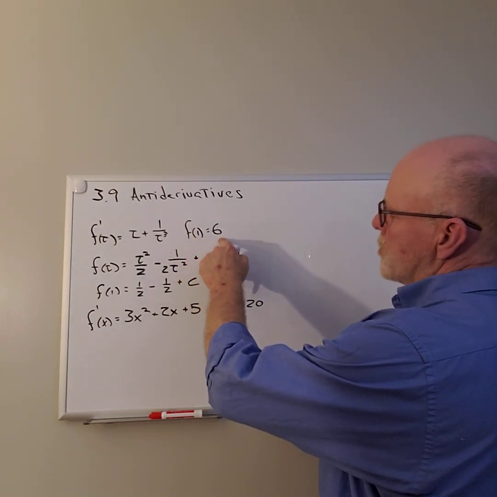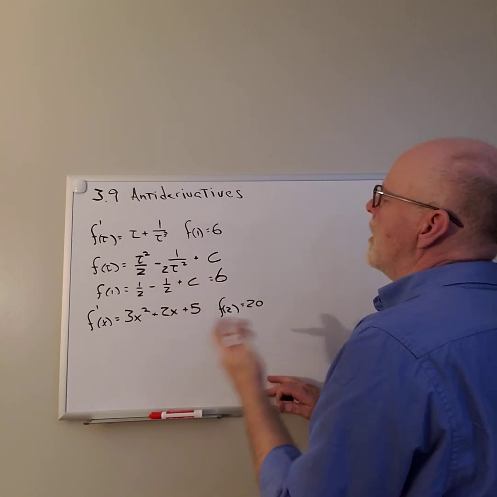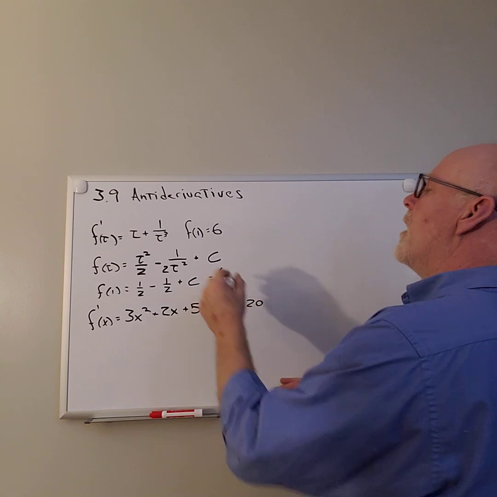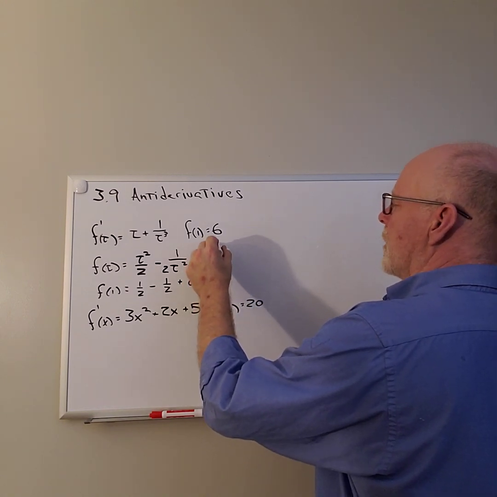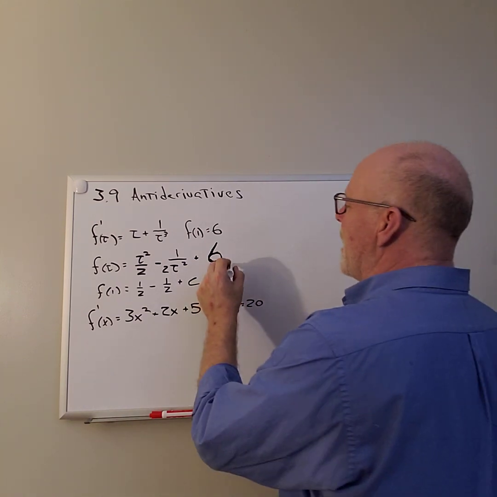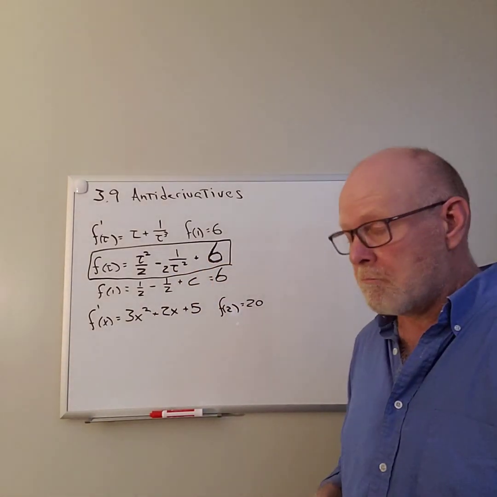We put a 1 into the function, we get a 6 out. We get 1/2 minus 1/2 plus c equals 6. Really easy to solve that one. We know that our c is going to be 6, and from my point of view, there's no need to rewrite that whole thing, especially when the number looks kind of like a c anyway. We can just erase the c and replace it with the constant.